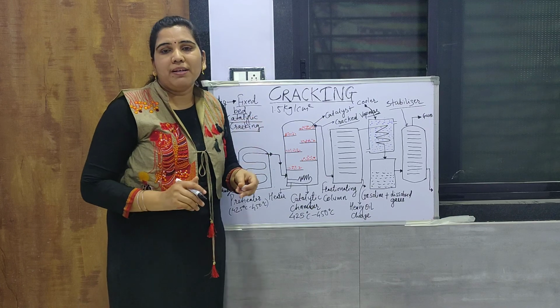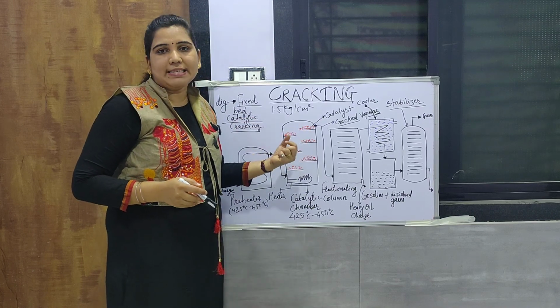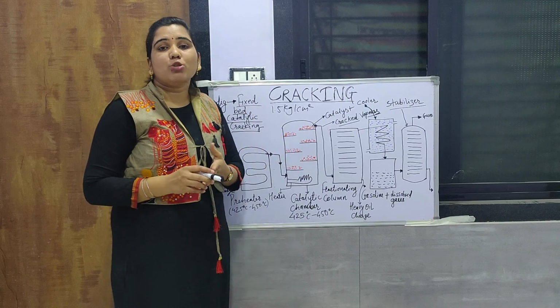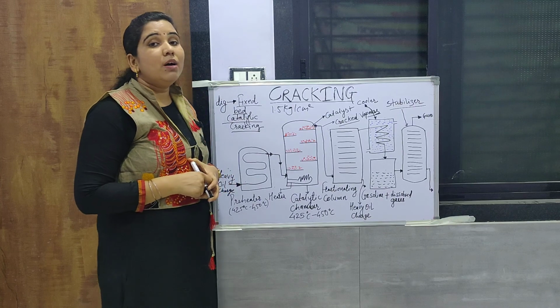The carbon, or byproduct, which is produced gets fixed onto the catalysts. These catalysts are in solid state, like aluminum silicate or alumina, that is aluminum oxide.